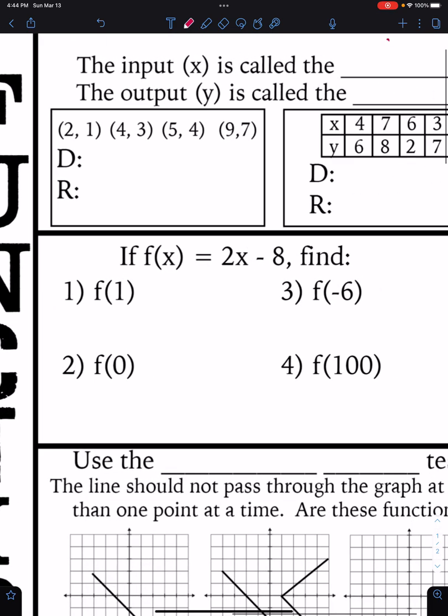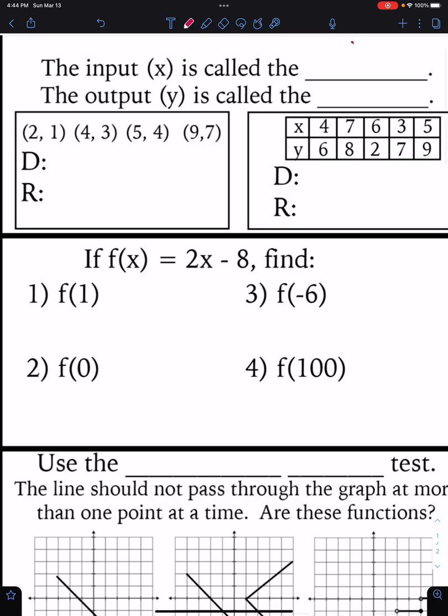So all of the input numbers, which again are the x's, are called the domain. And all of the output values, or the y's, are called the range. And one way that I can remember which values are the domain and which values are the range is like this.